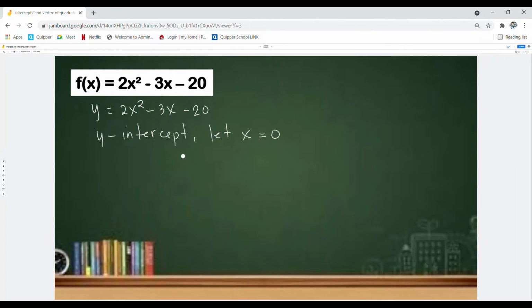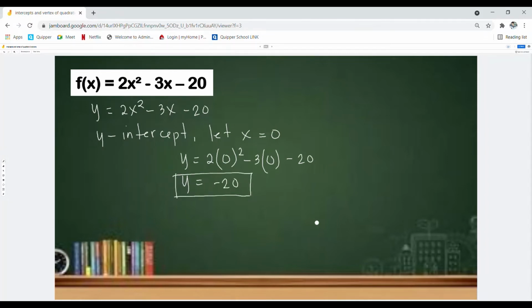So copying it, that's y is equal to 2 times 0 raised to the power of 2, minus 3 times x, x is 0, so times 0, minus 20. So therefore you have y is equal to, that's 0, this is also 0, so you have negative 20. And that's it.